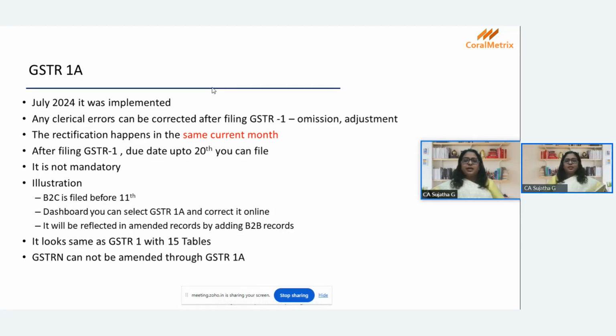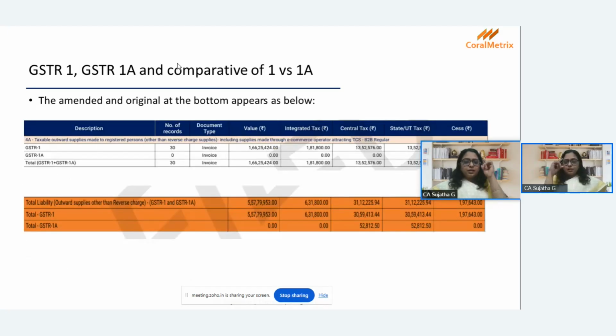Then the second thing is that for anything you are doing through GSTR 1A, you can see what was originally filed, what was amended, and what is the differential tax liability. All that you will be able to see through 3 returns.